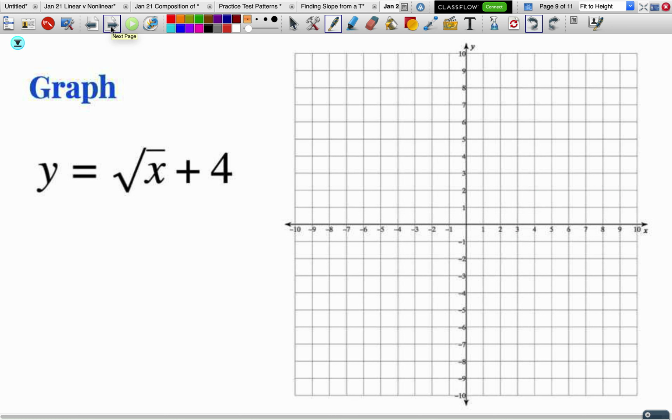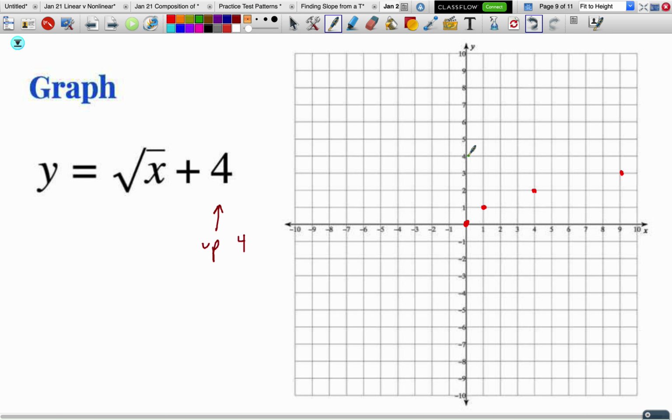All right, let's try that again with y equals the square root of x plus 4. This plus 4 is going to move us up 4. Again, dot in our parent function. We can remember the pattern 1, 4, 9, just like we remembered when we were graphing quadratics. This time the 1, 4, 9 though goes to the side, not up. All right, so each of these points moves up 4.